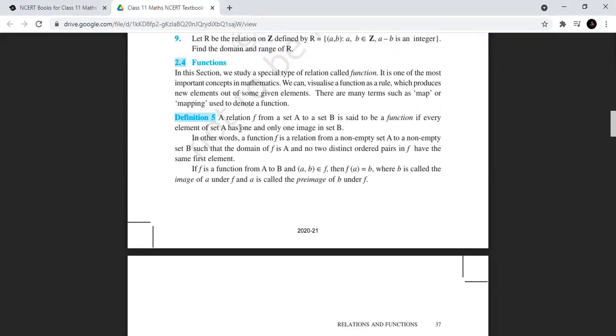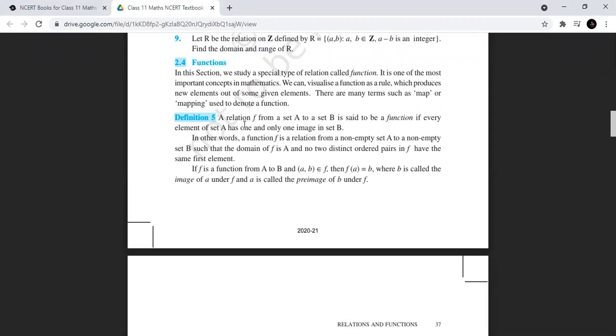So a relation f from a set A to set B. By now, I hope it is clear that when I say from a set A to set B, we are considering the Cartesian product of A and B, so it will be a subset of A cross B again.